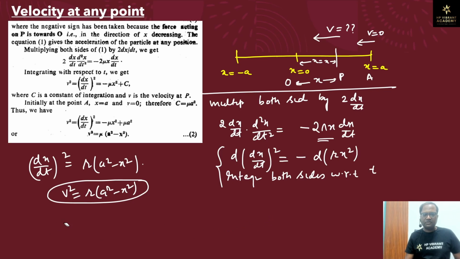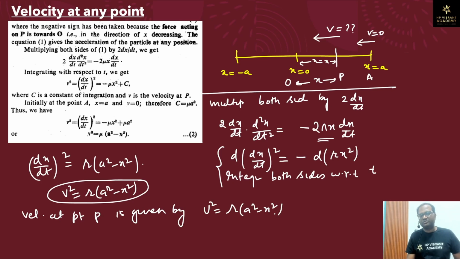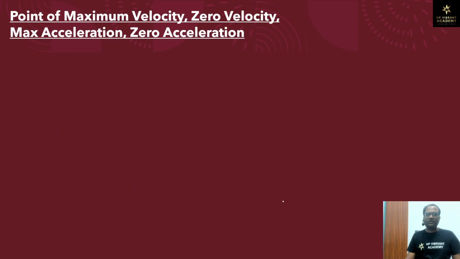So we have to find the velocity at any point. Velocity at point P is given by v square is equal to mu (a square minus x square). Let us now find the point of maximum velocity.